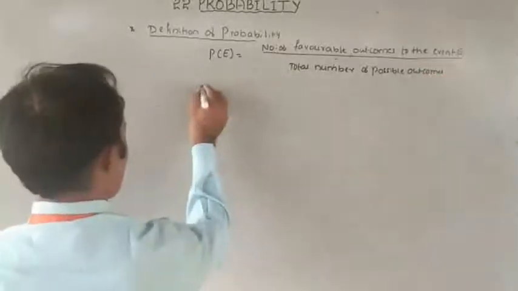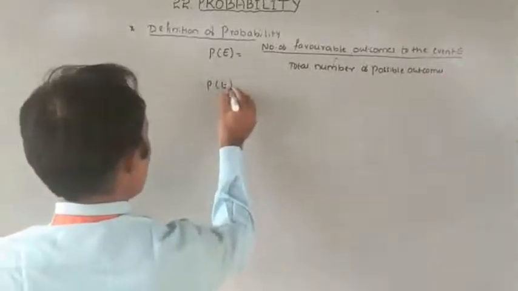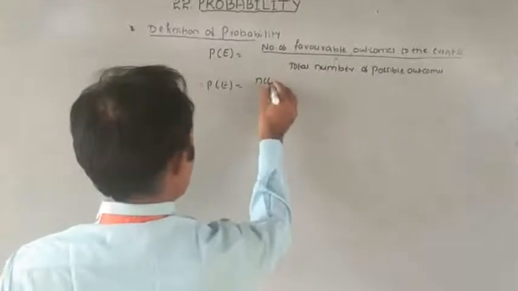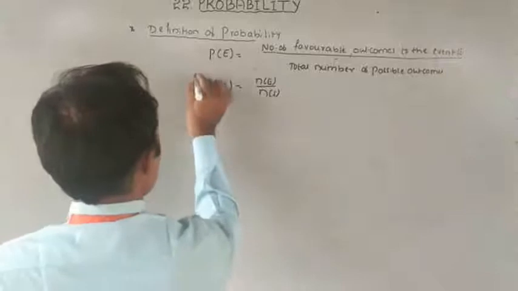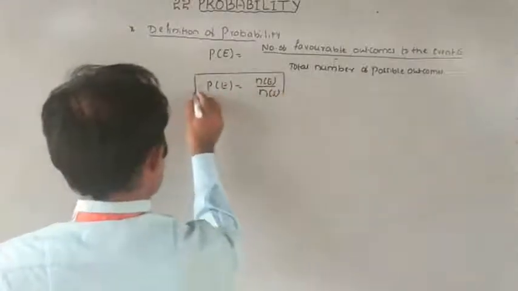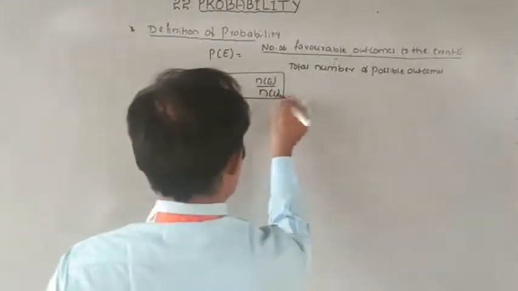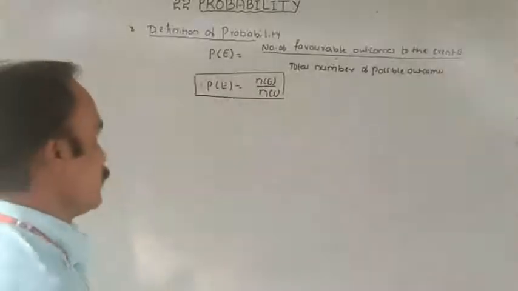Therefore, P of E is equal to N of E over the total number of possible outcomes, N of S. This is the important formula to find the probability of an event.